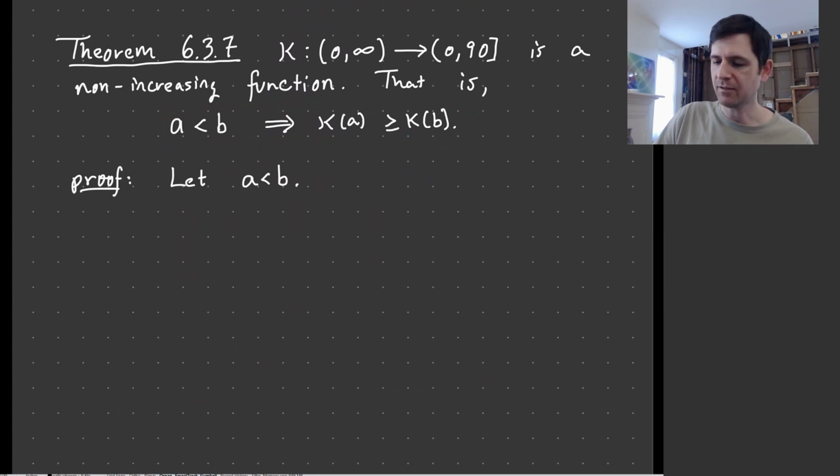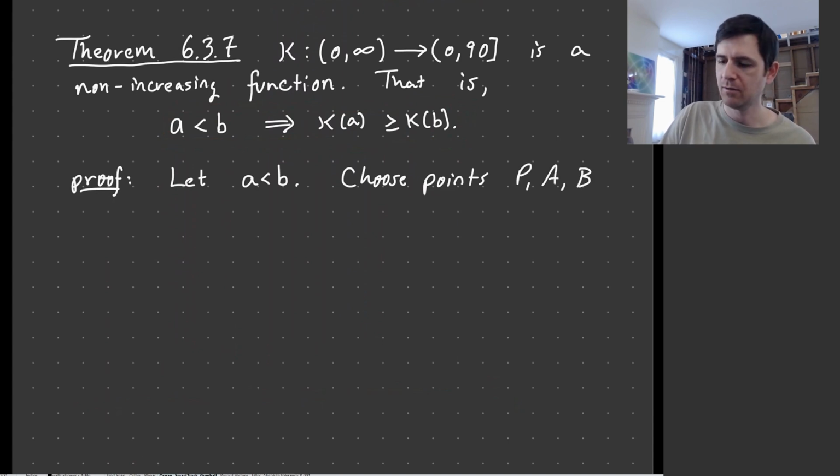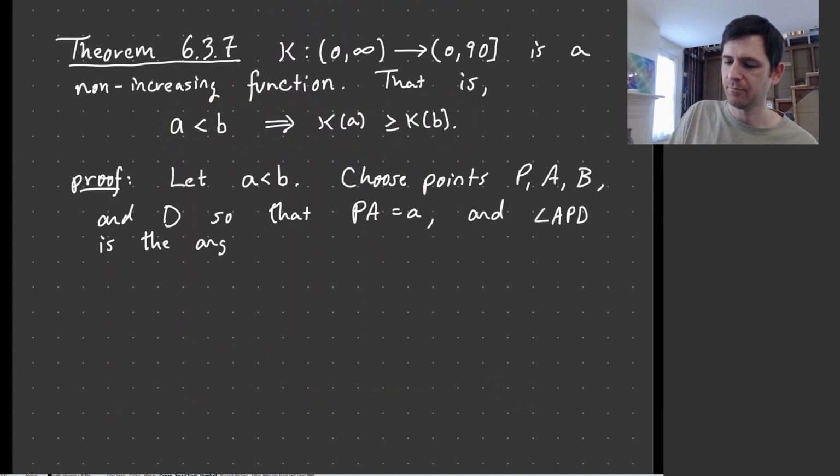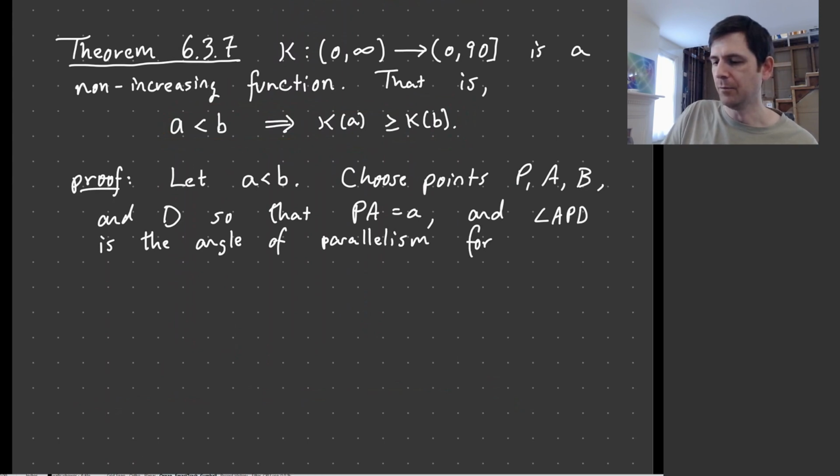So let A be less than B. We need to choose points P, A, B, and D so that PA equals A, and angle APD is the angle of parallelism for P and AB.